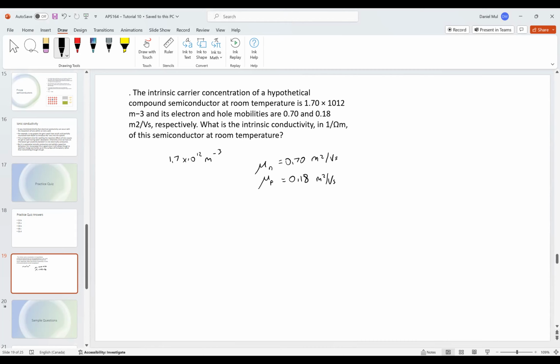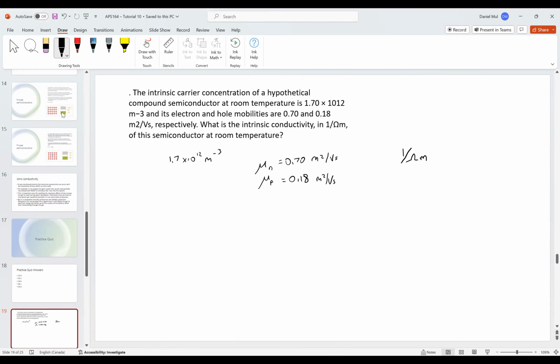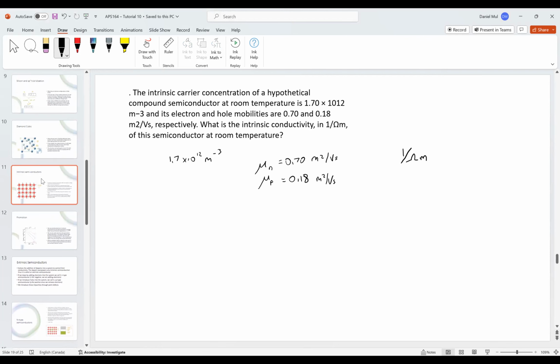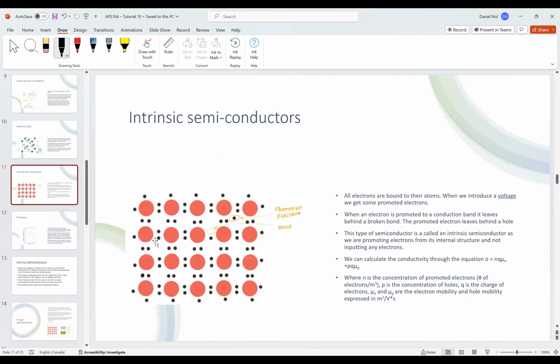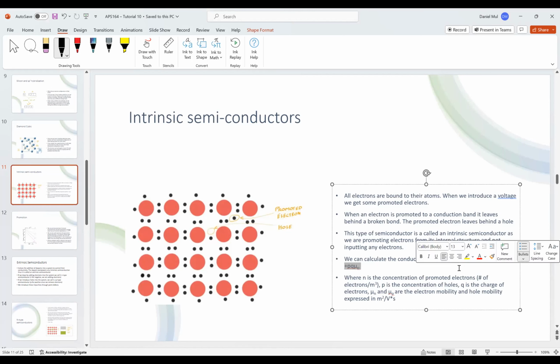What is the intrinsic conductivity in question one? Okay, so we have to use this equation. Here, we can copy and paste it.